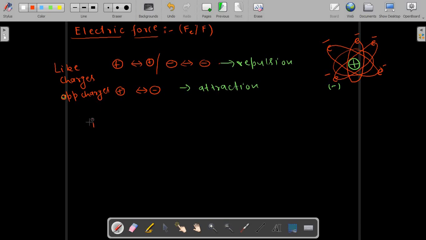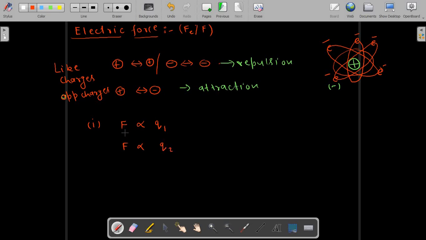So the first thing they observed in the experiments is that the force between these charges is proportional to the charges. Suppose you have charge 1 and then you have charge 2.